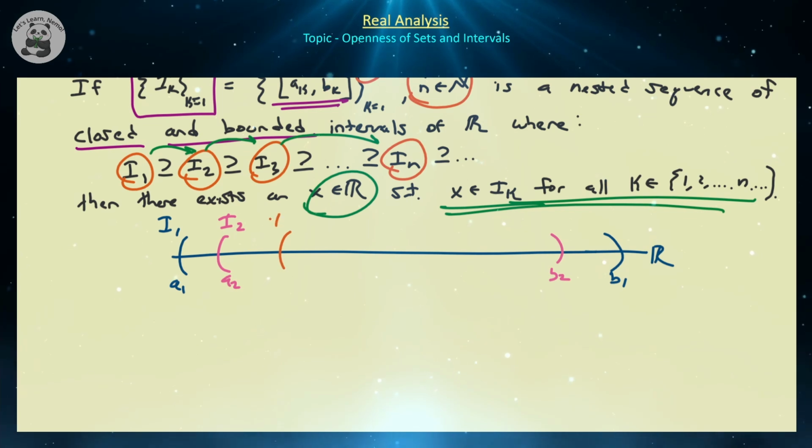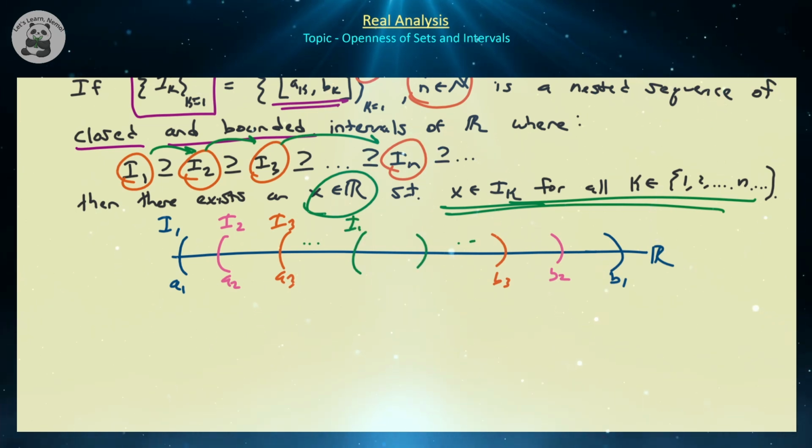Then we have I3, which is A3 and B3. We continue all the way downwards, and we have, for example, In, which is An and Bn, and this can either stop at In or continue onwards. In some sense what you have is what we call a telescoping interval sequence.